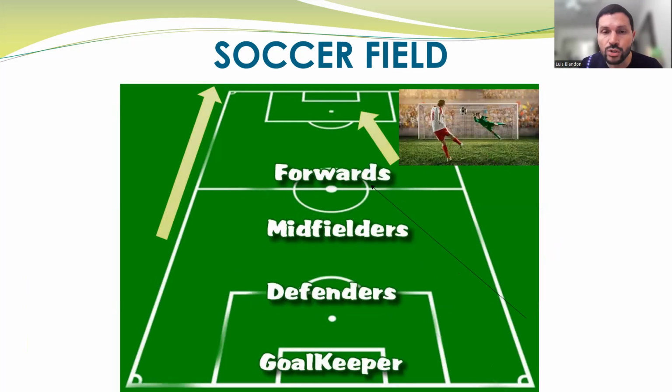Forwards are those who are way up front trying to score a goal in favor of their team. Forwards are the players who are all the way down the field trying to score for your team. And they are called forwards.